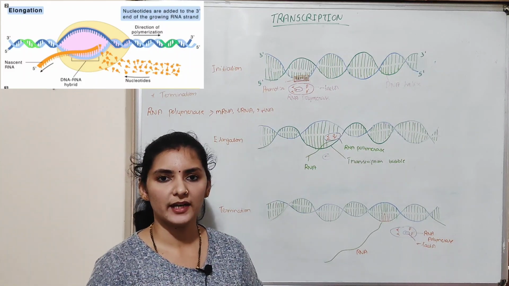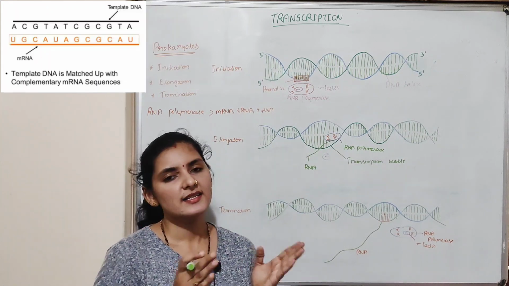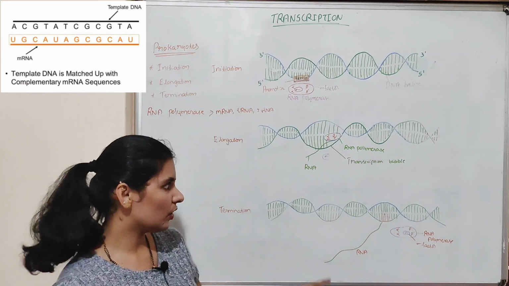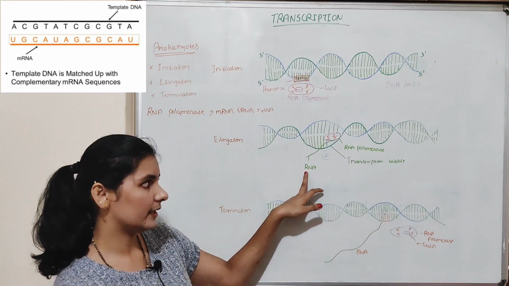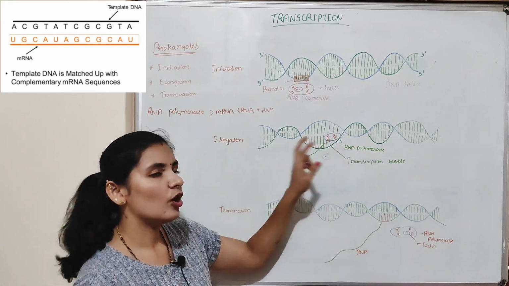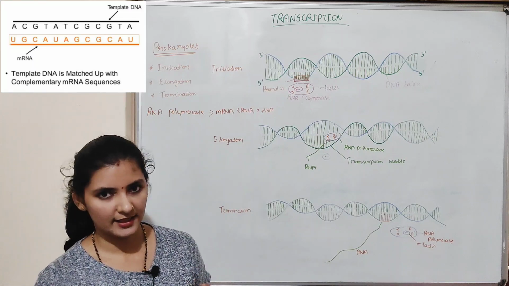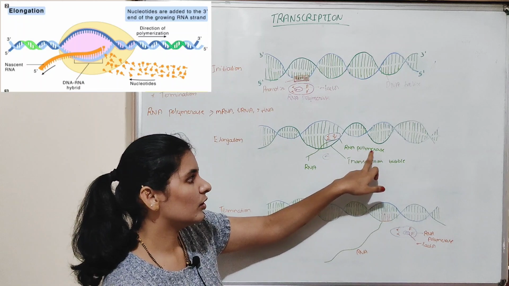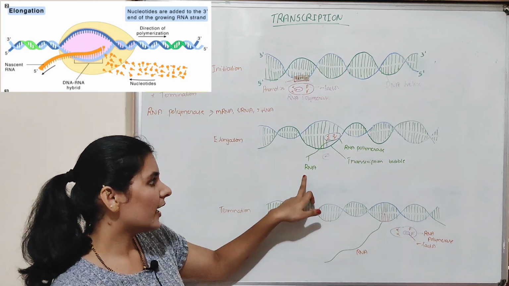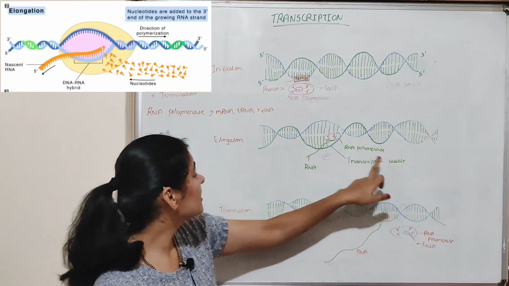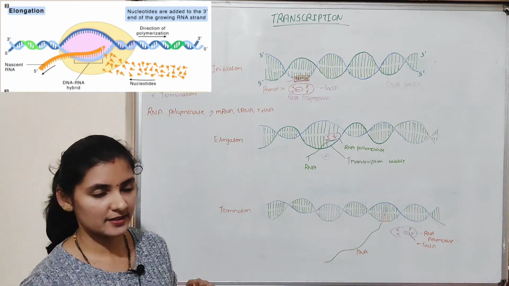Complementarity means C pairs with G and adenine pairs with uracil, not thymine, because thymine is not there in RNA. This unwound double helix along with the RNA polymerase core enzyme and growing RNA chain is known as the transcription bubble, which is formed during the elongation step.